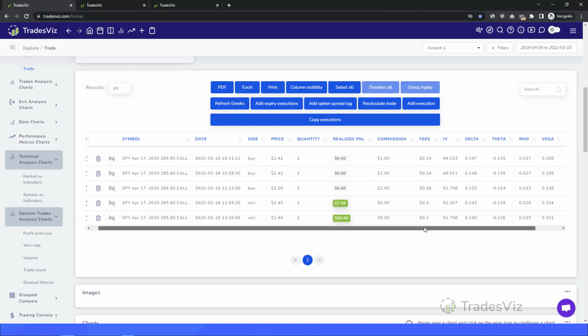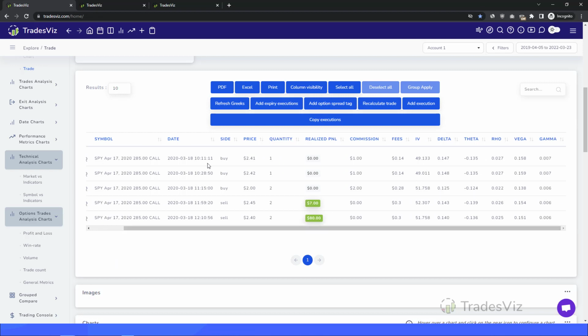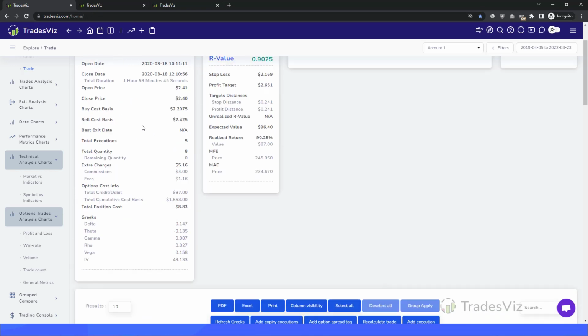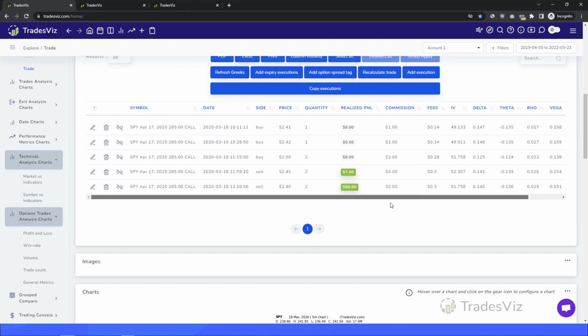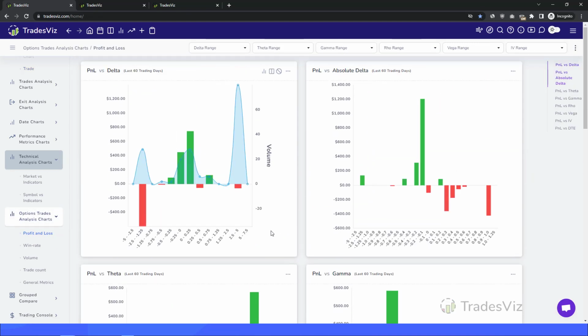For example, for every single execution, again, Tradesviz is the only platform that does this. You have the entire options details here. So for every single execution, you have the IV, delta, theta, rho, gamma, and of course the DT is available for the trade itself. Right? So with this itself, you can choose. For example, if you're trading weeklies, or if you're trading monthlies, or whatever, you'll get an idea. Right? So you have an idea of, okay, I should be looking at delta around this particular range.